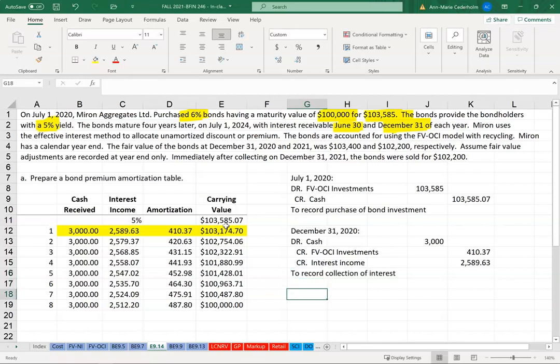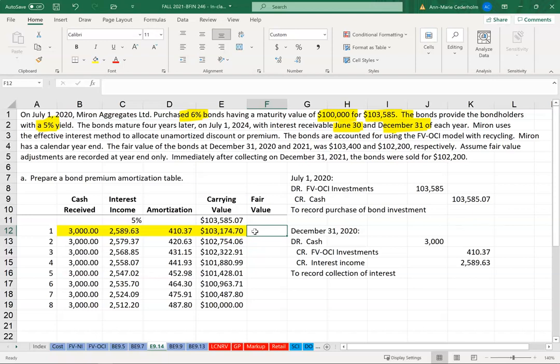So if we were using amortized cost, we would just stop there. But now what happens, maybe I'll just add this to the table, is under fair value through OCI, we're going to adjust the value of the bond to its fair value. And then we're going to run the unrealized gain or loss through comprehensive income.